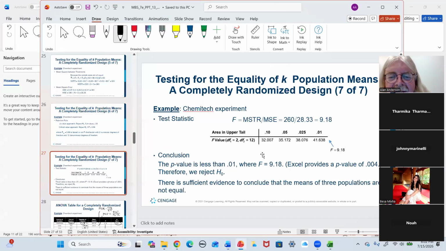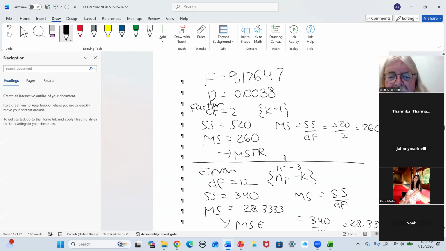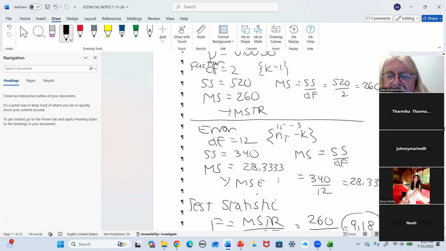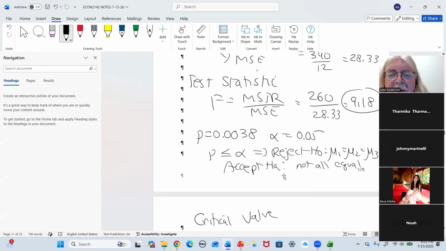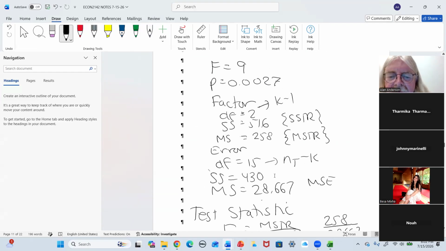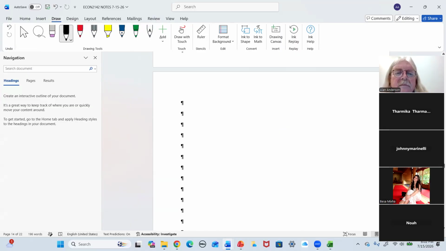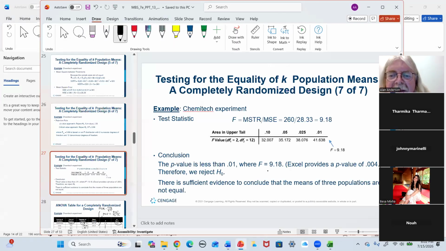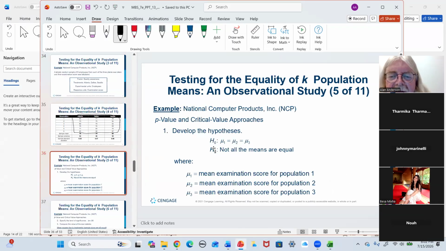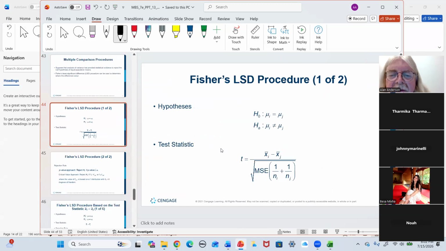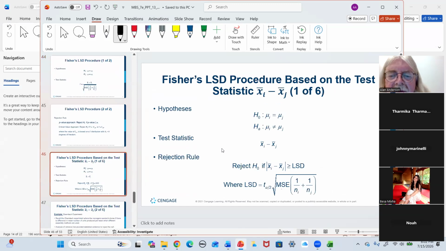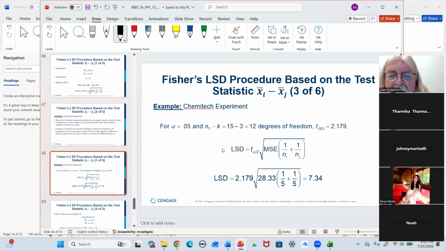So we need, okay, what we're after is MSE. All right. That's what we're really after. And that would be right here. That's the 28.3333. All right. Then the others are easy because they're just the means. Oh, okay. So you know what we forgot to do?